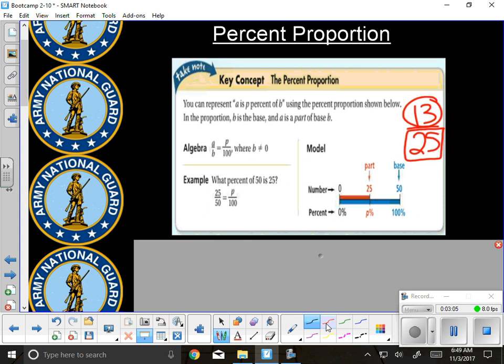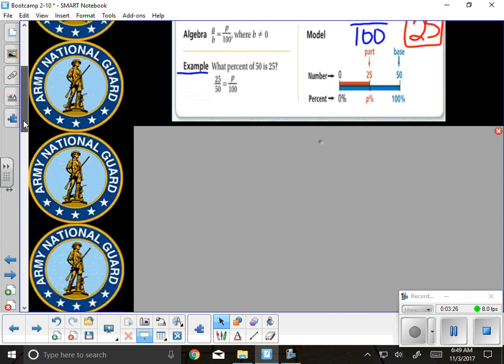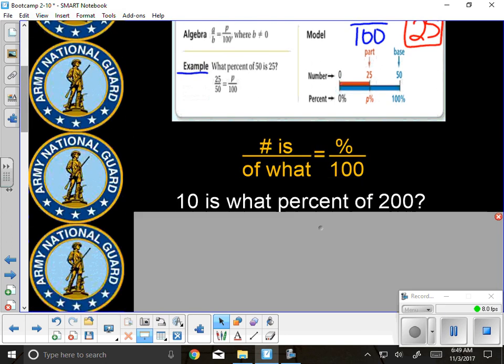And the way we would do this is where it says the example down here. If we were to follow it, we already know 13 out of 25, we'd set that equal to P and put 100 underneath that. Because remember, with percents, they are out of 100, because 100% usually is our top score that we can get for grades. So always think back to grades and how percents work. So we're going to do our first example.